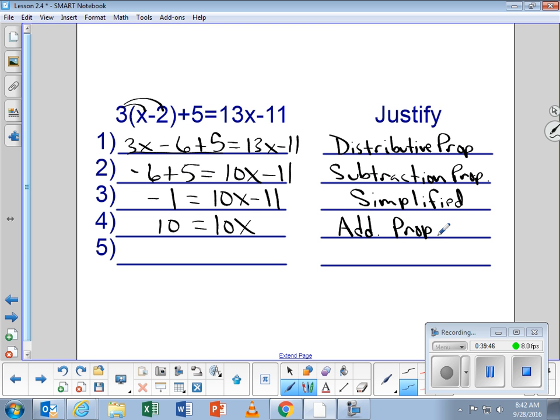Okay, Amelia, what would I do next? Divide by 10, I'd get x equals 1, right? When you divide a number by itself, you get 1. 10 goes into 10 one time, right? And so that is what property? Division property.